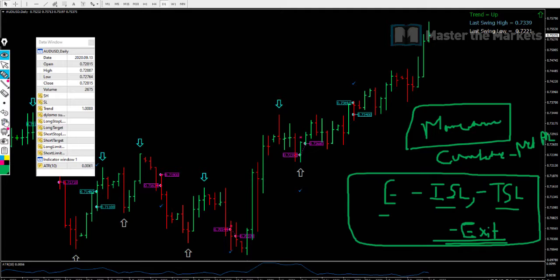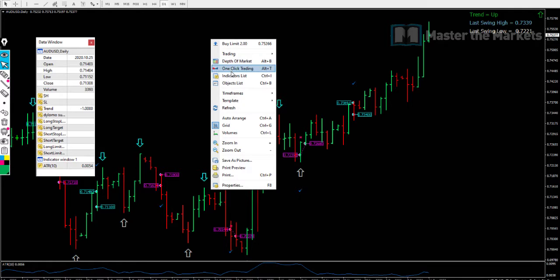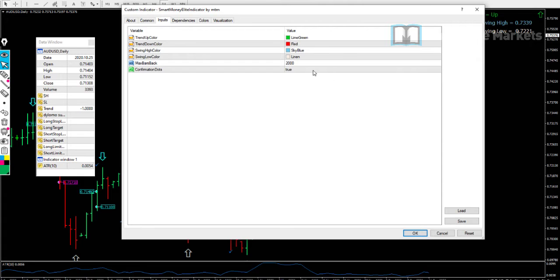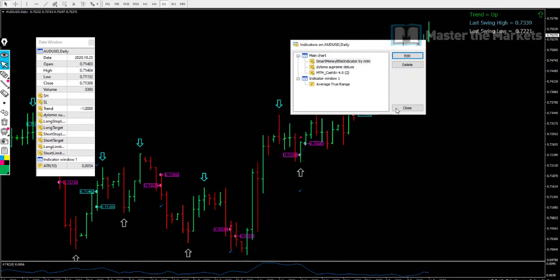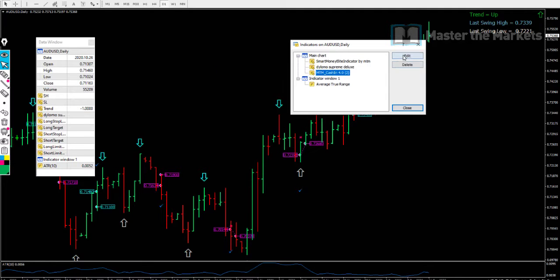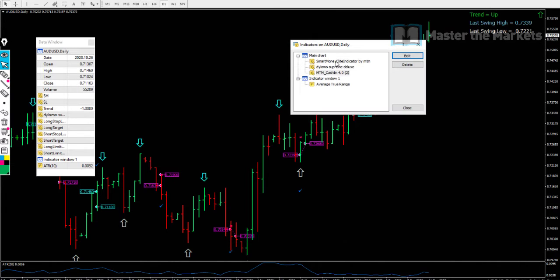So, for example, let me give you an example of a very simple strategy which we do in Cash In 4.0. Over here, let me turn on the Smart Money Elite indicator. Let me put the confirmation dots on. That is the indicator there.